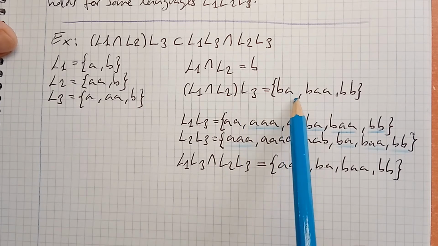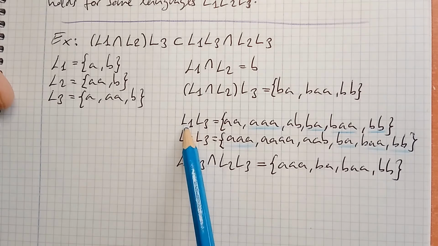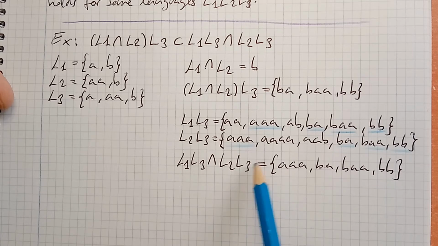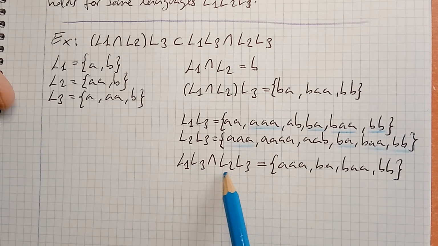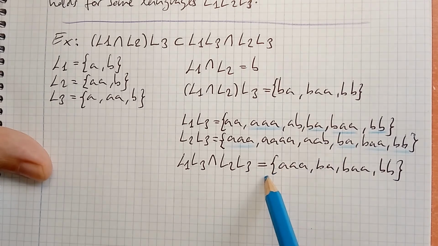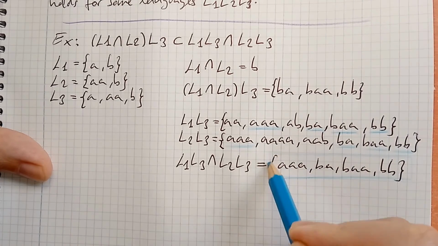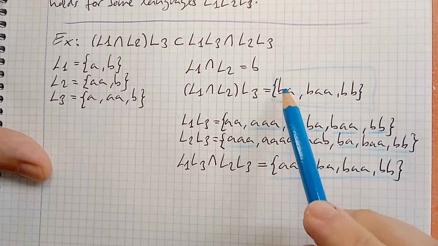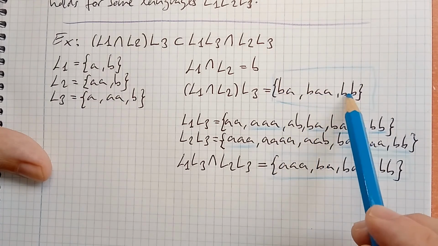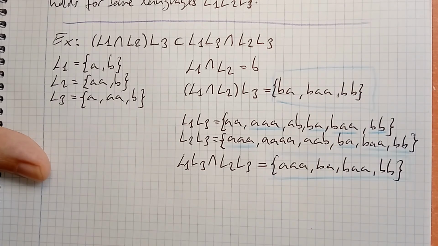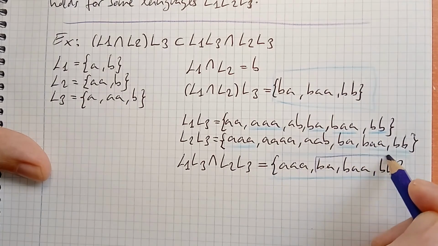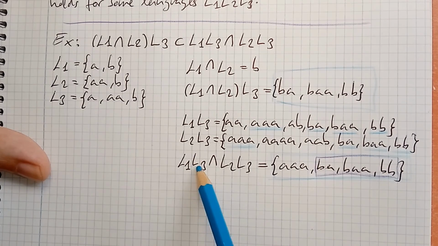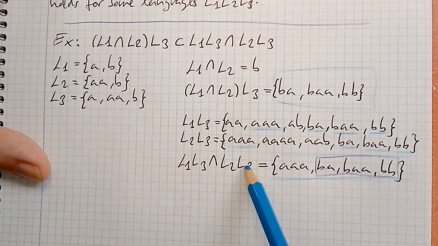Do the concatenation between L1 L3 and L2 L3, and the intersection of L1 L3 and L2 L3 gives us this result. And we have this other result, so we can see that BA, BAA, BB is a subset of L1 L3 intersection L2 L3.